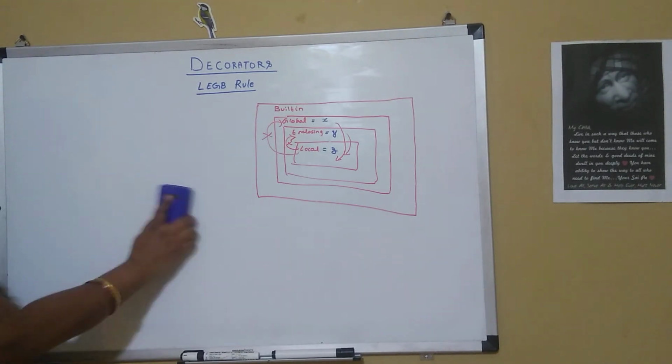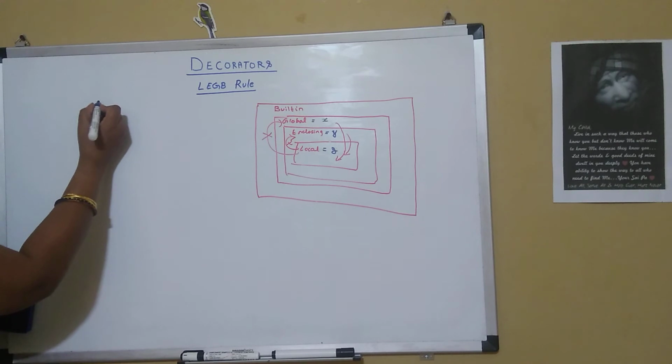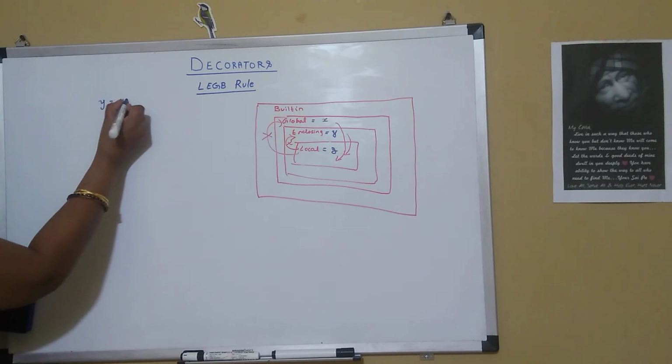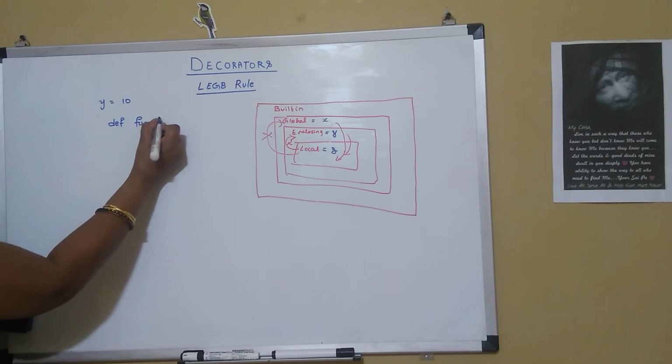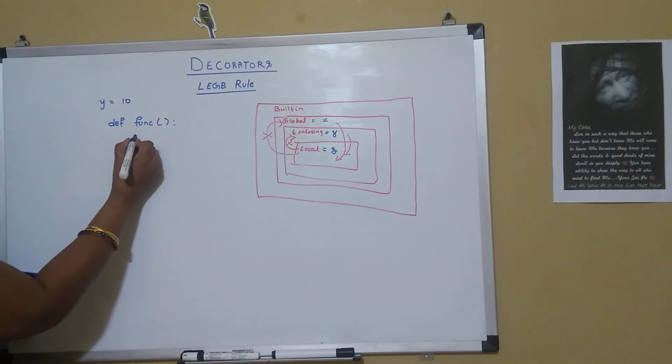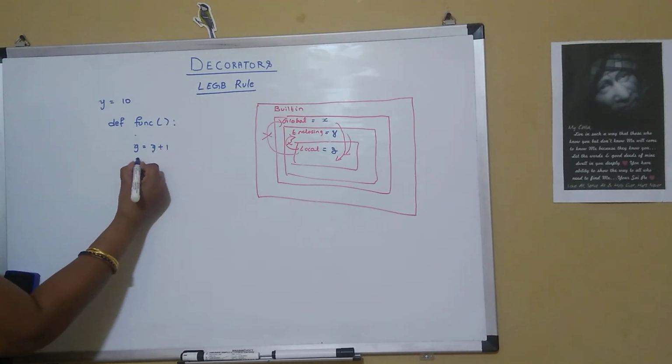And now for the global keyword, I had explained it to you in the earlier session. Let me just recap. I am having y equal to 10, def func. Then I say y equal to y plus 1, print y.